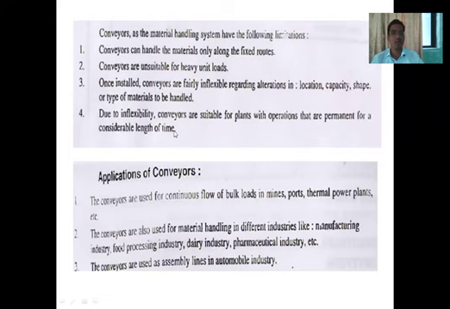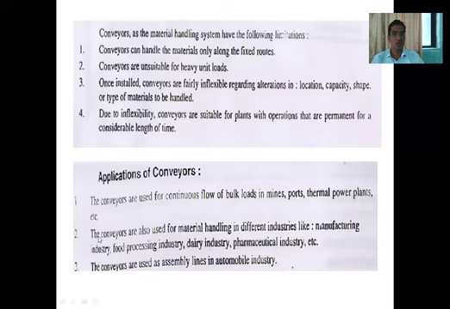Then applications of conveyors. They are used for continuous flow of the bulk load in mines, that is the transportation of coal or mineral ore, then in ports, then thermal power plants, etc., to transport the material from cold storage to the furnace in thermal power plants.